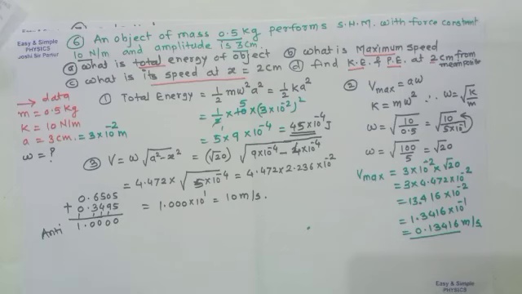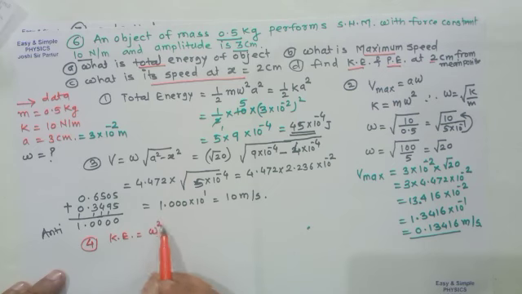The fourth question is for finding kinetic energy and potential energy. So first, kinetic energy is equal to half m omega square in bracket a square minus x square.